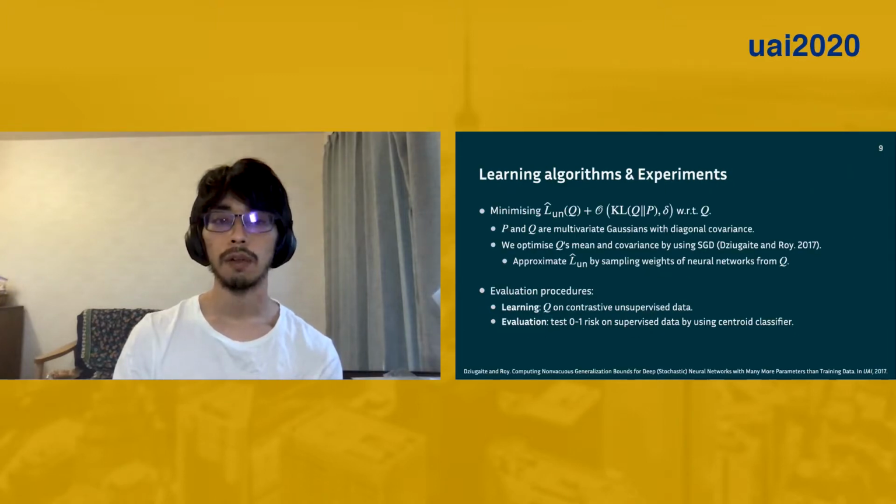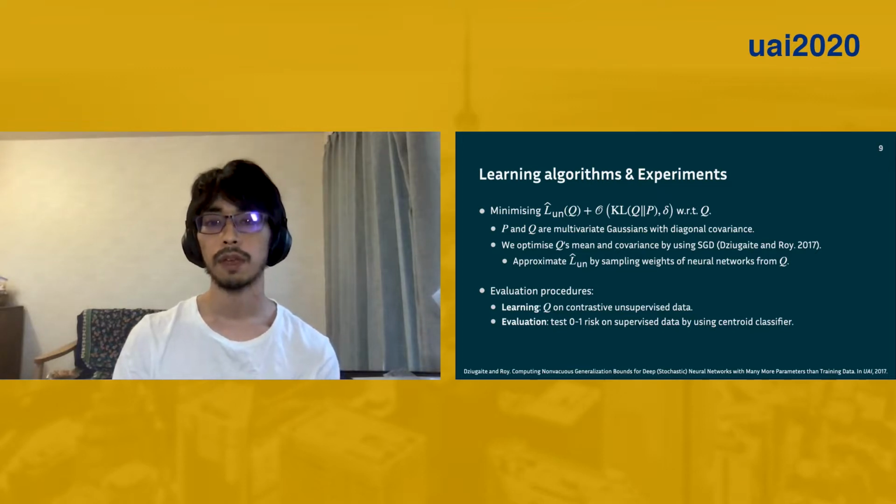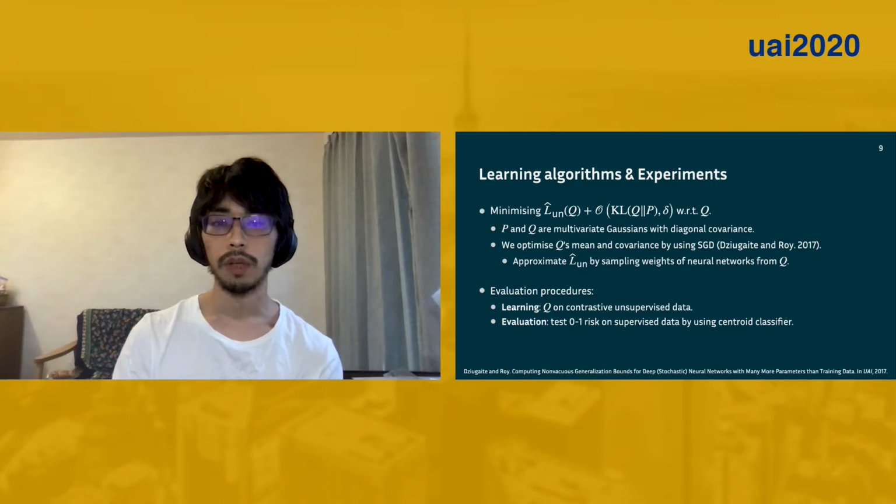I give high-level information of our CURL algorithm. From the previous upper bound, we minimize the right-hand side of the inequality: the empirical unsupervised loss L hat and the complexity term with respect to the posterior Q. We assume P and Q are multivariate Gaussians with diagonal covariance.